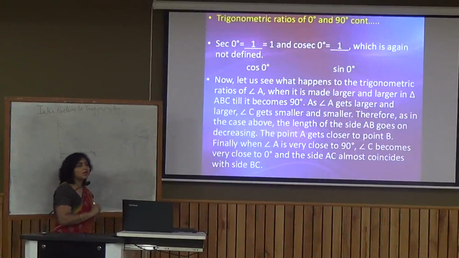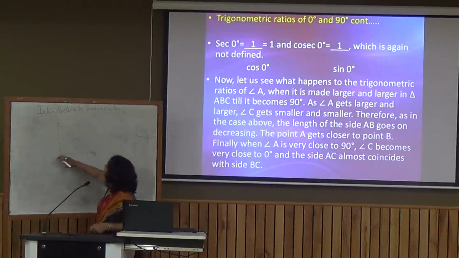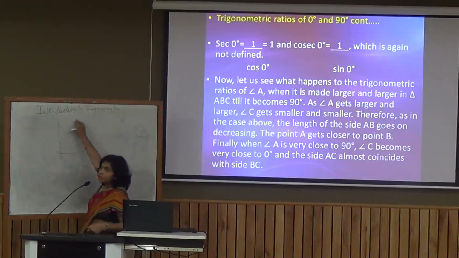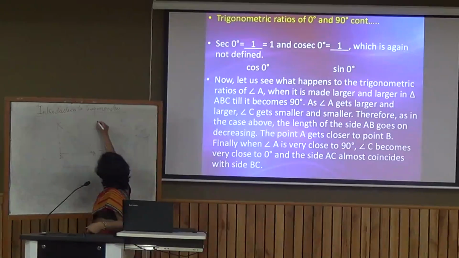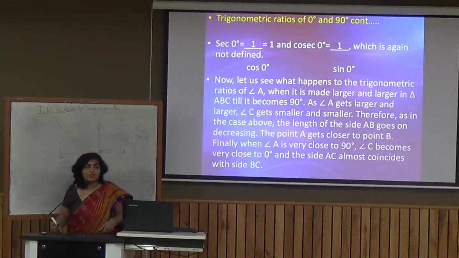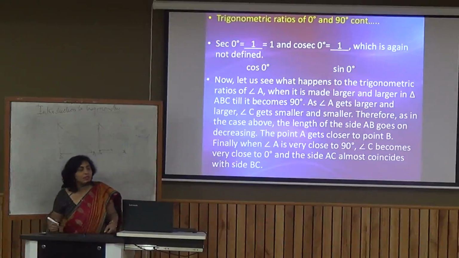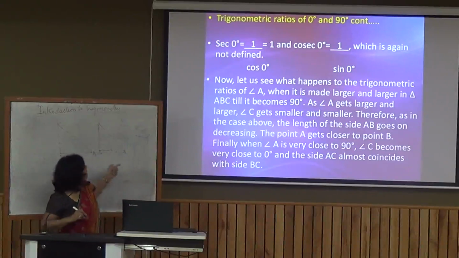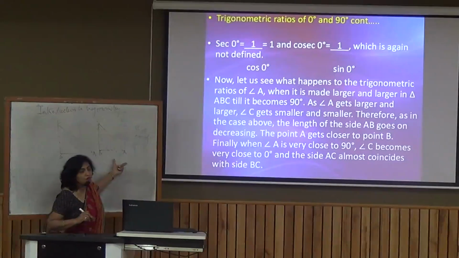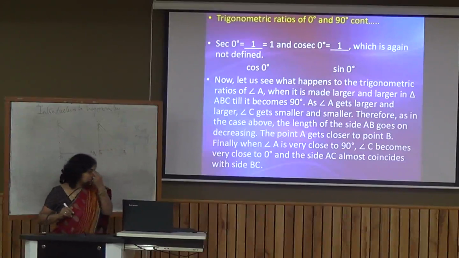Let us consider what happens to angle A when it is made larger and larger. That means we are decreasing angle C and increasing angle A. As we keep on increasing angle A and decreasing angle C, our AB becomes almost 0 and AC becomes equal to BC.